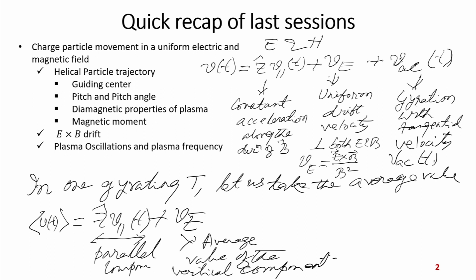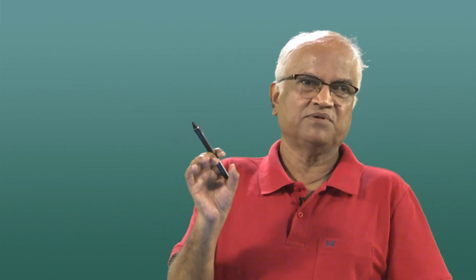Okay. The other topic we have studied is plasma oscillations as well as plasma frequencies. What we have seen is that if there is any local perturbation, suppose you displace a column of electrons, then an electric field will be developed there, because locally it becomes non-neutral.